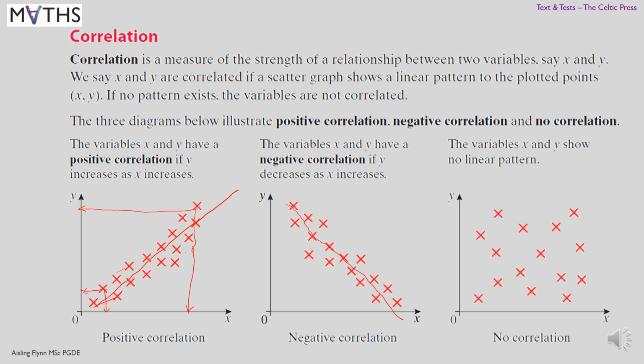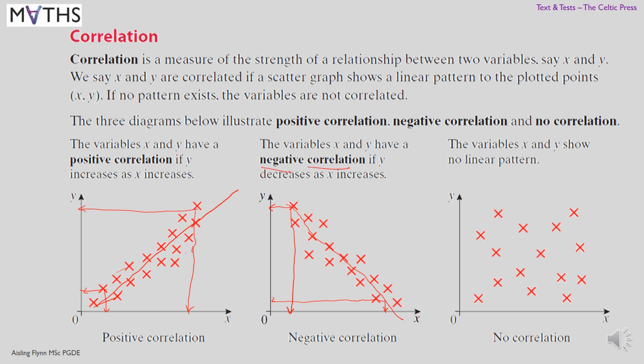You can see if you have a low value of y, it gives you a high value of x. If you have a high value of y, you have a low value of x. So as one increases, the other decreases. So this is shown as a negative correlation.